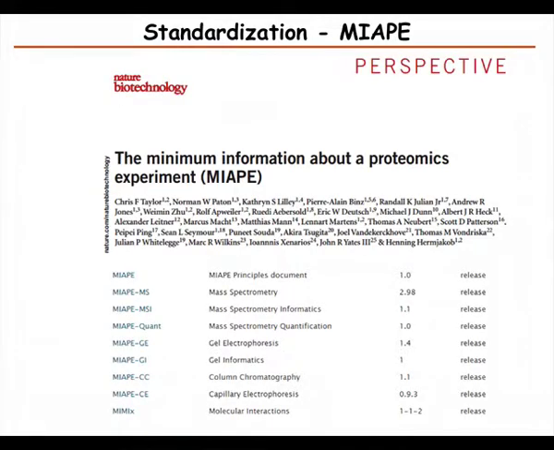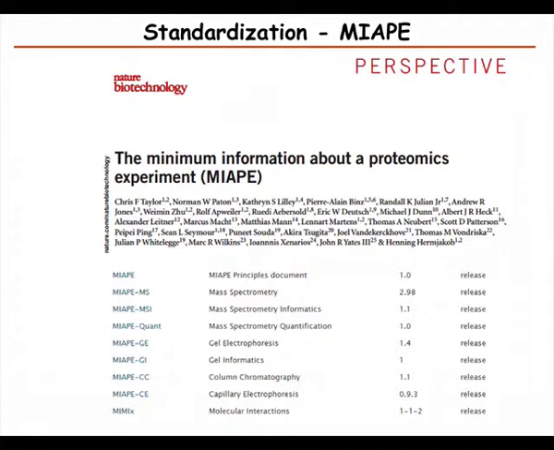So there's been an effort to standardize these. Quite a few years ago, there came out a set of papers about what is the minimum information about proteomics experiments that was needed.